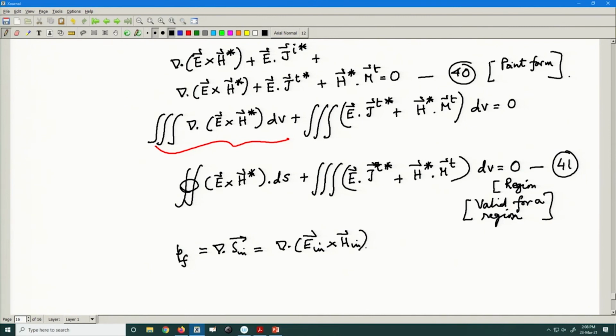We define a complex volume density of power leaving a point, P_f hat, as divergence of S, that is divergence of E cross H star.